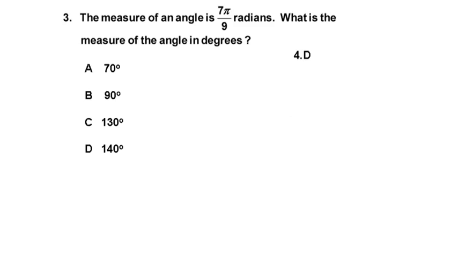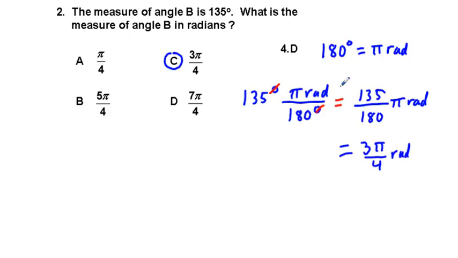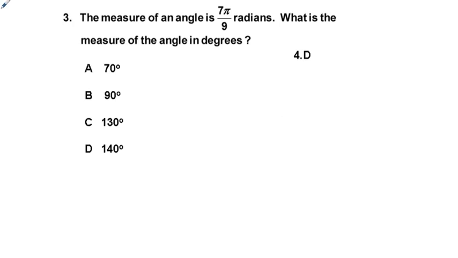Next, the measure of an angle is 7 pi over 9 radians. What is the measure of this angle in degrees? Well, instead of multiplying by pi radians over 180 degrees, we would take the 7 pi over 9 and multiply it by 180 degrees over pi radians.